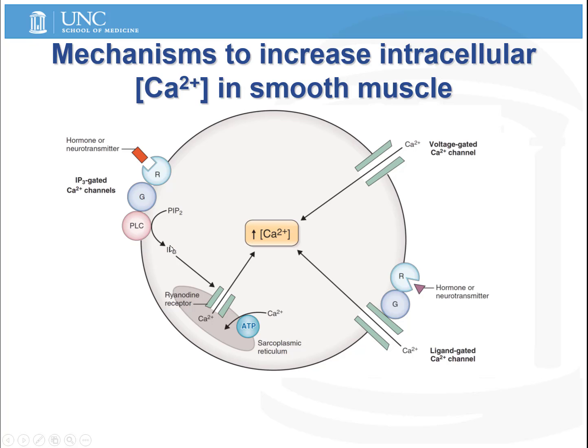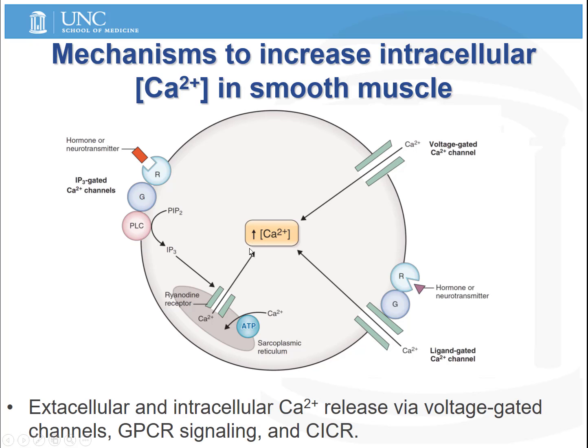It's this IP3 that diffuses to the sarcoplasmic reticulum, where it opens calcium channels, which then releases stored calcium into the intracellular fluid. So these are a few different mechanisms that are able to increase the calcium concentration inside the smooth muscle cell and initiate that contraction.